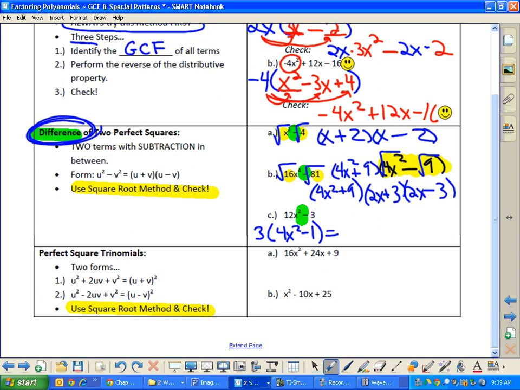This is now once again a difference of two perfect squares. So I'll bring my 3 over, and then I'm going to use my square root method on what's left. The square root of 4x squared is 2x and 2x. The square root of 1 is 1. And then you have to put a plus and a minus in your parentheses.